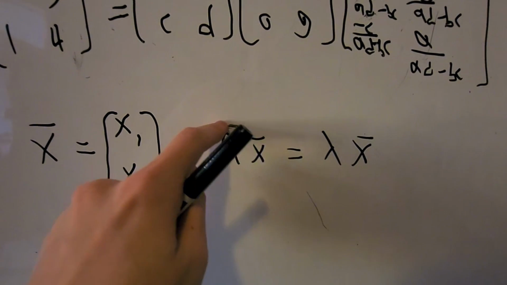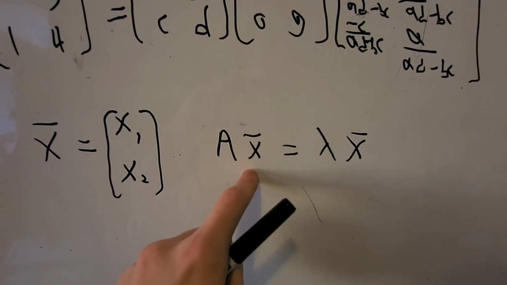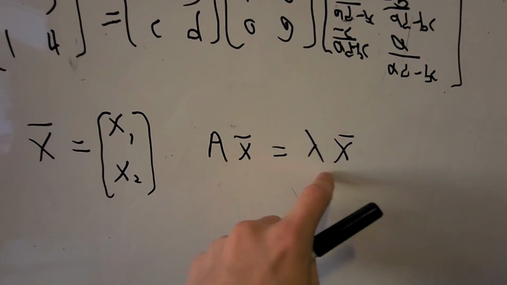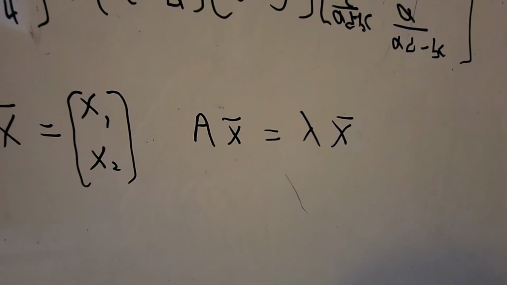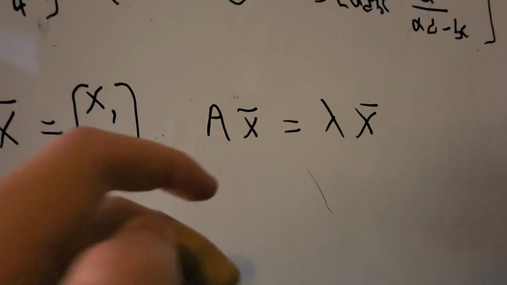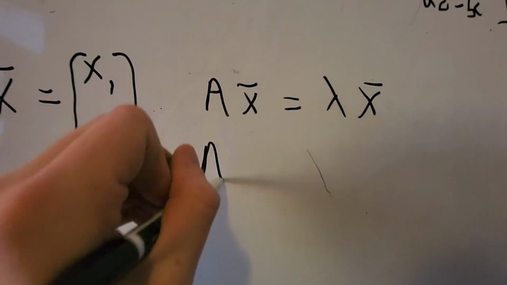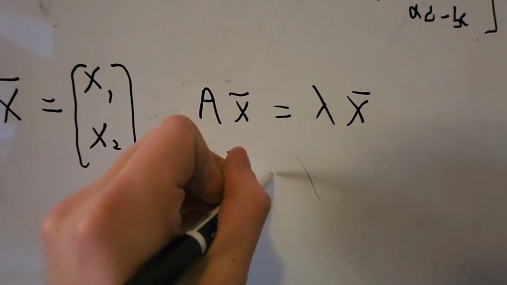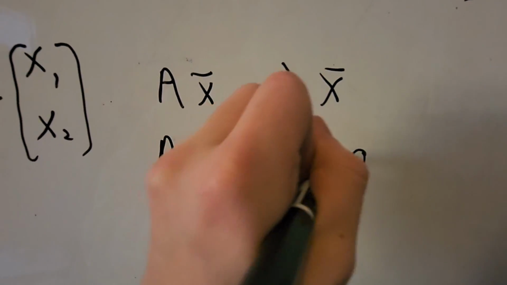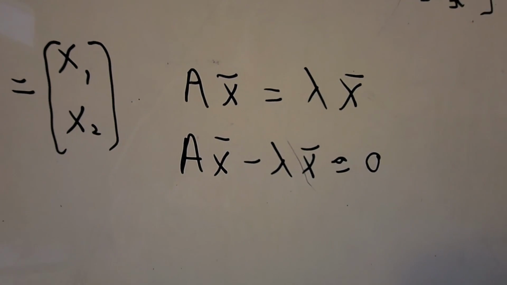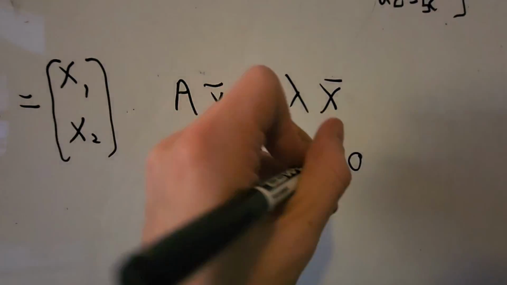This is a transformation, but these are vectors, and this is a scalar. Well, if this is true, then we can do some algebra. Just subtracting lambda x from both sides.